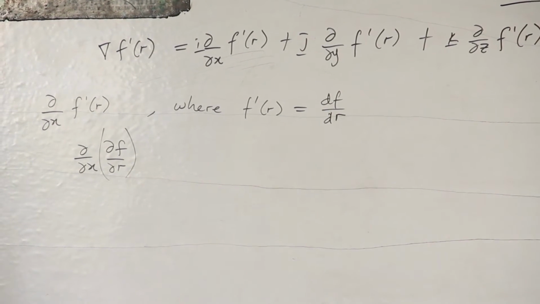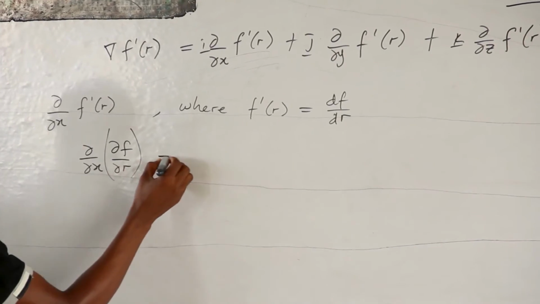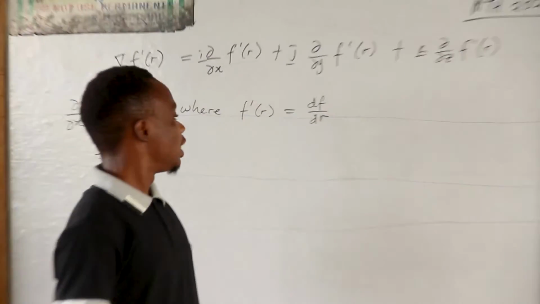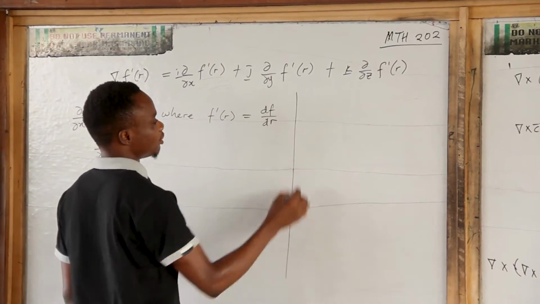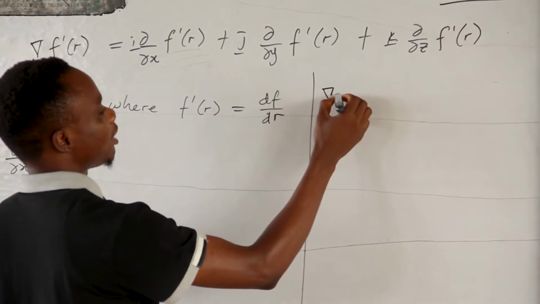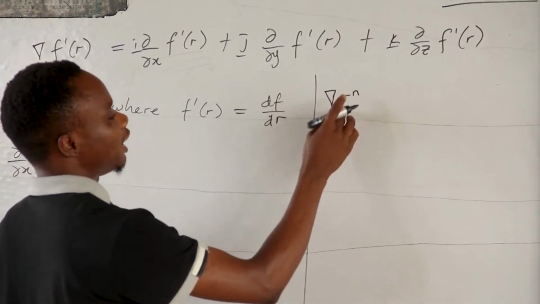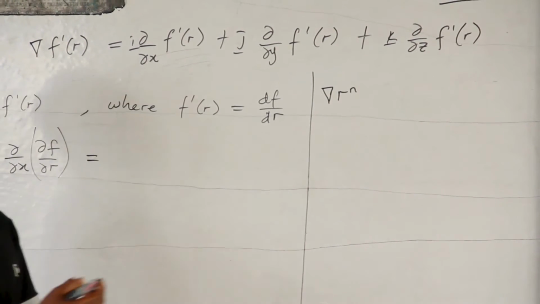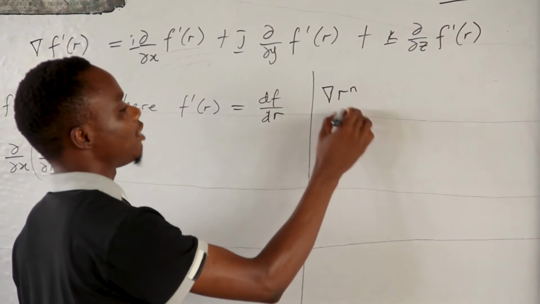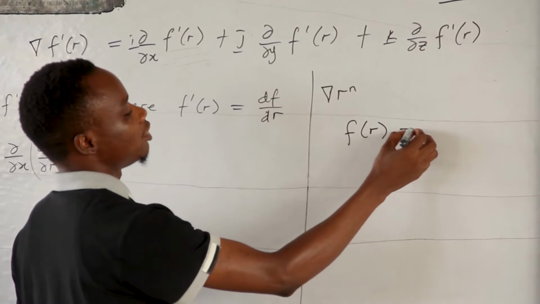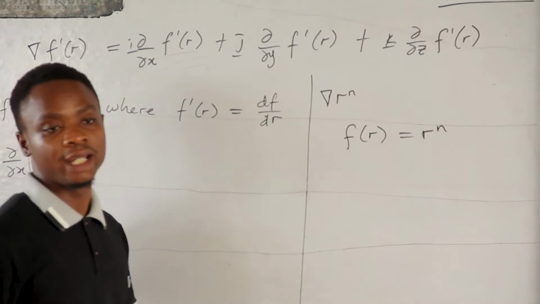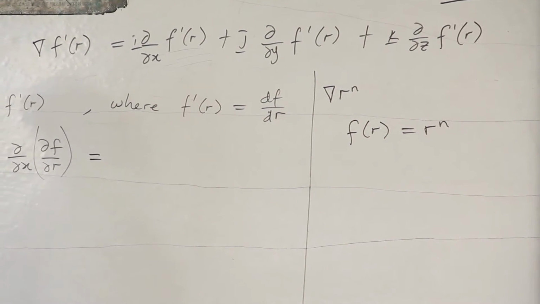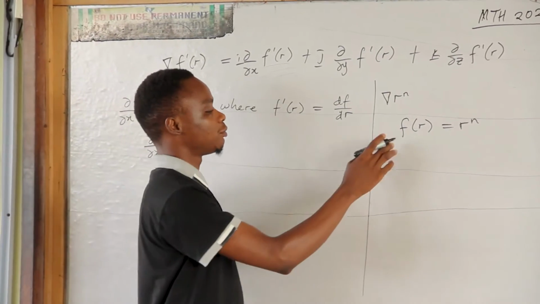And just like we've done previously, can you remember when we differentiated, for instance, the other thing we obtained, lambda of r raised to power n? Can you remember something like this? This is an example of such a situation. I have some function of r, which is equal to r raised to power n. And for us to get the partial derivatives, we did something like this the other day.